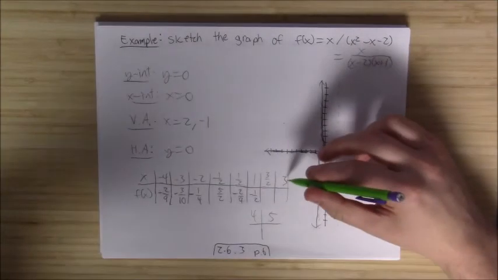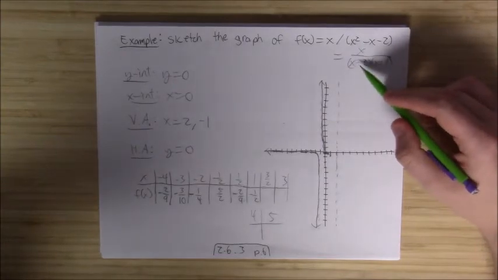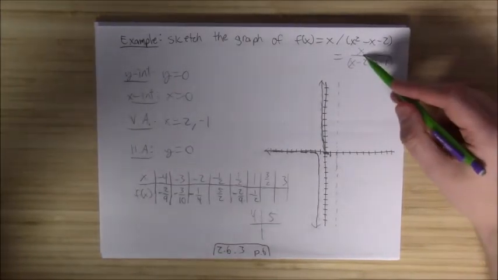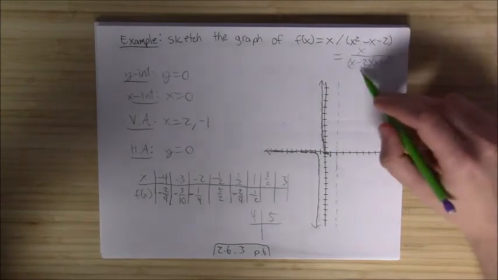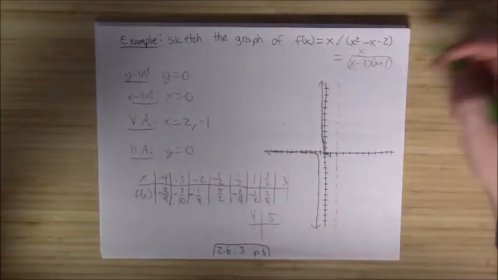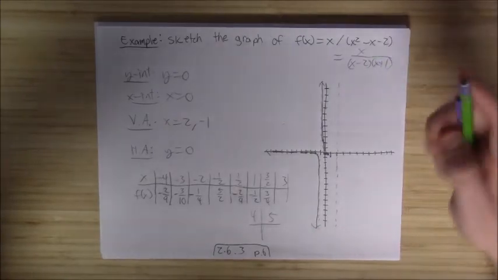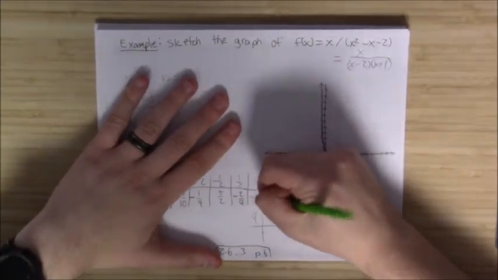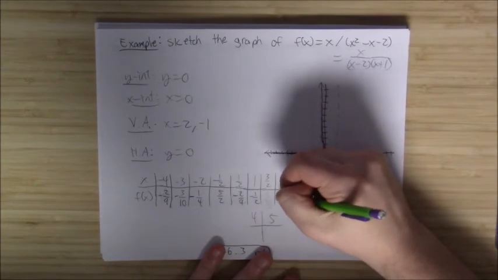Oh, let's skip ahead. Plugging 3 in, we get 3 over 3 minus 2 is 1, times 4, so 3/4.